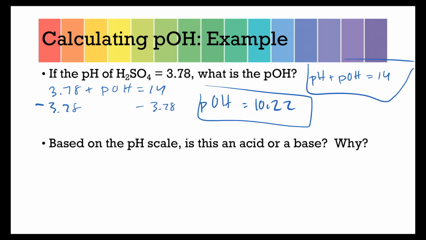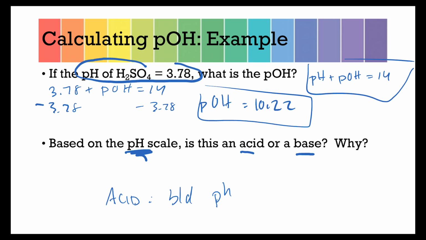Okay. So then the second part of the question says, based on the pH scale, is this an acid or a base? Why? So it's telling you the pH is 3.78. So we can say this is an acid because the pH is less than 7. And that's it. So let's do another one.